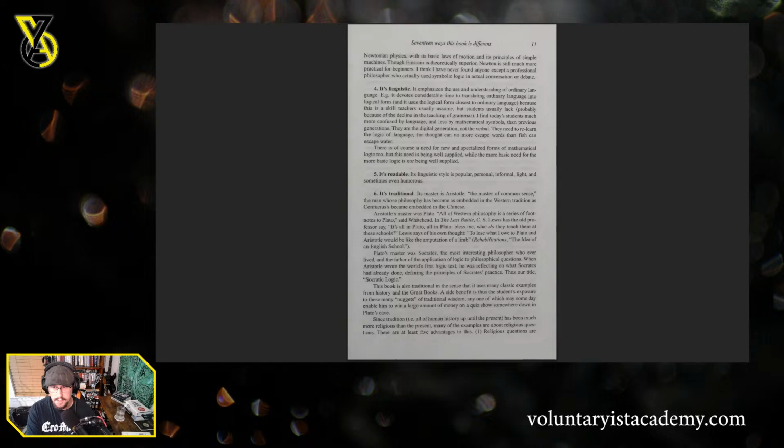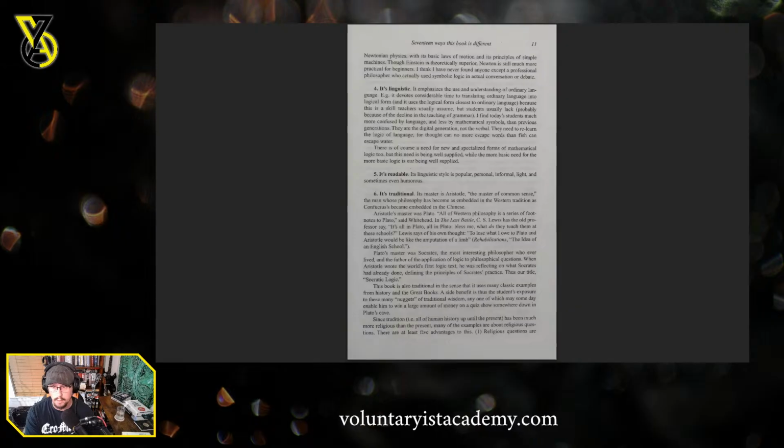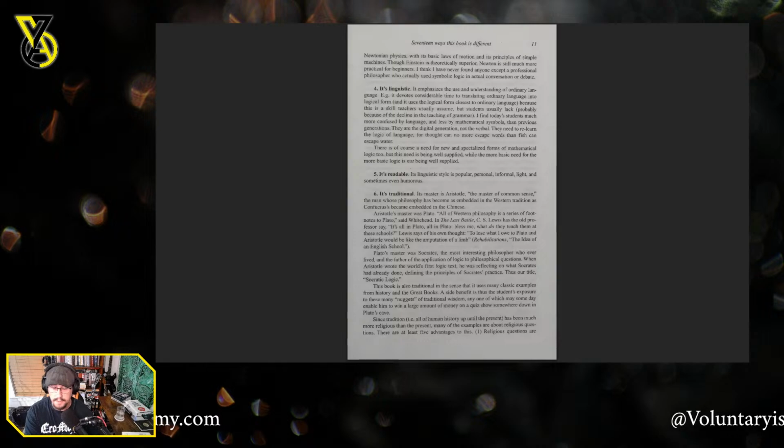It emphasizes the use and understanding of ordinary language, e.g., it devotes considerable time to translating ordinary language into logical form, and it uses the logical form closest to ordinary language. Because this is a skill teachers usually assume, but students usually lack, probably because of the decline in the teaching of grammar. I find today's students much more confused by language and less by mathematical symbols than previous generations.